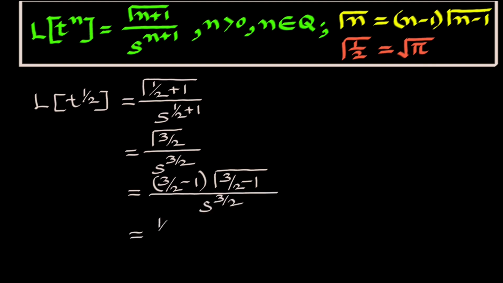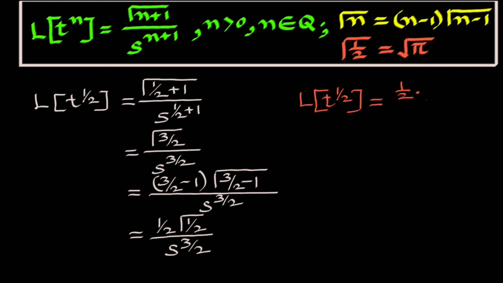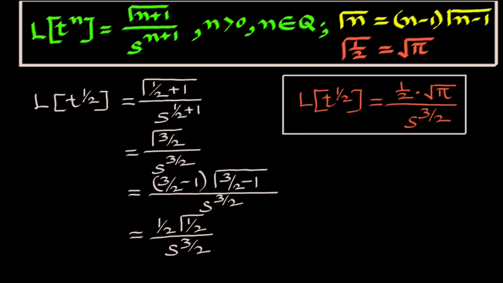This will be half into gamma half upon s raised to 3 upon 2. So which finally will be half into, as given above, gamma half is square root of pi upon s raised to 3 upon 2. So this is Laplace transform of t raised to 1 upon 2.